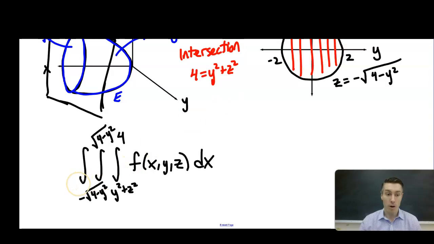And then left to right, we're going from negative 2 to 2. And finishing out, that's dz dy. Always pay attention to the plane that we're operating in. Okay, so this is a type 2 example. X equals surfaces, project onto the YZ plane. On the YZ plane, we figure out the bounds for the outer double integral.